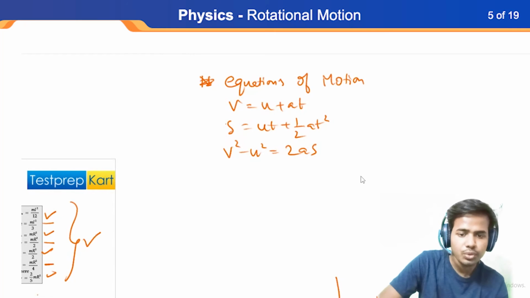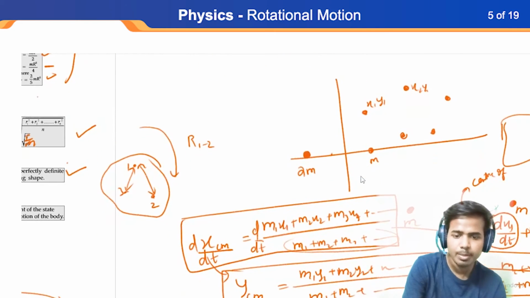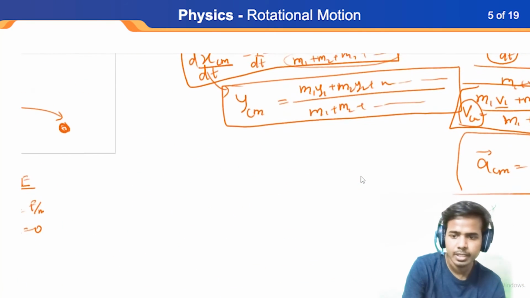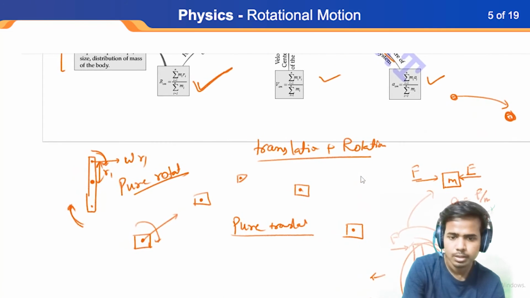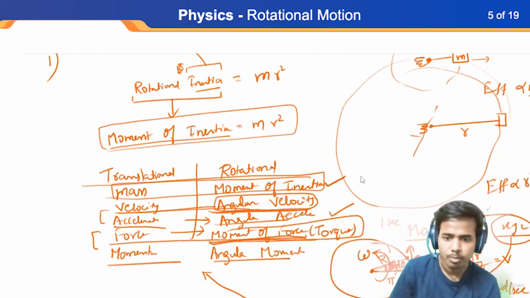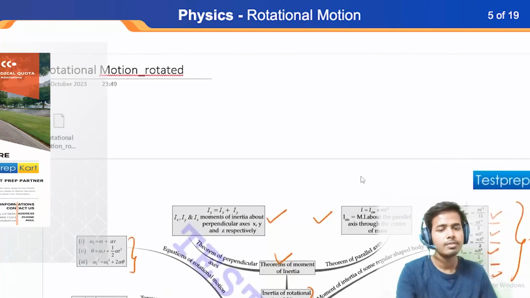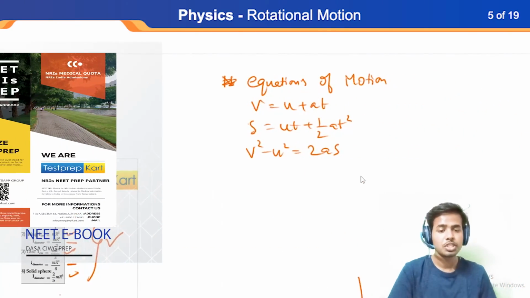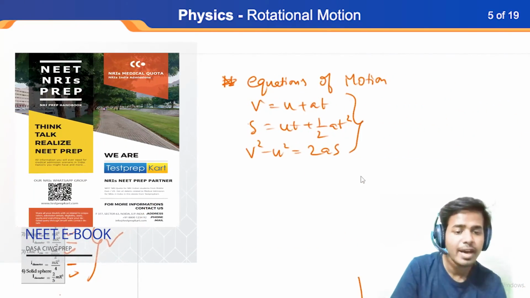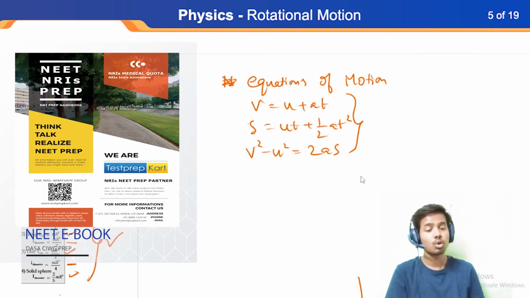Now what you have to do is, we'll use the table which I had generated. For mass, you replace with moment of inertia. For velocity, you replace with angular velocity. For acceleration, you replace with angular acceleration. And you have all the equations for translation valid for rotation as well.